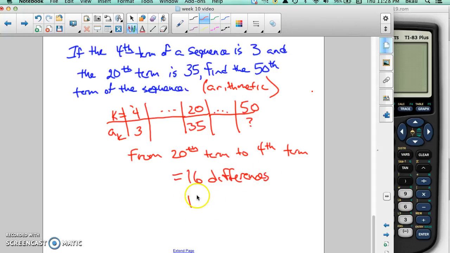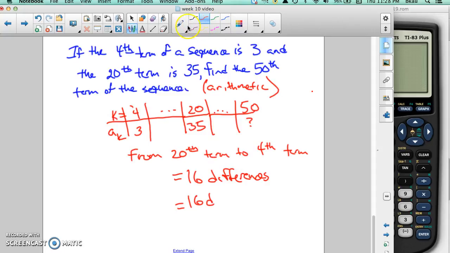Or 16d, if you want to consider it as 16 differences. So that's going to happen from a sequence from 3 to 35. Okay, so that means 16 differences happen from 3 to 35.